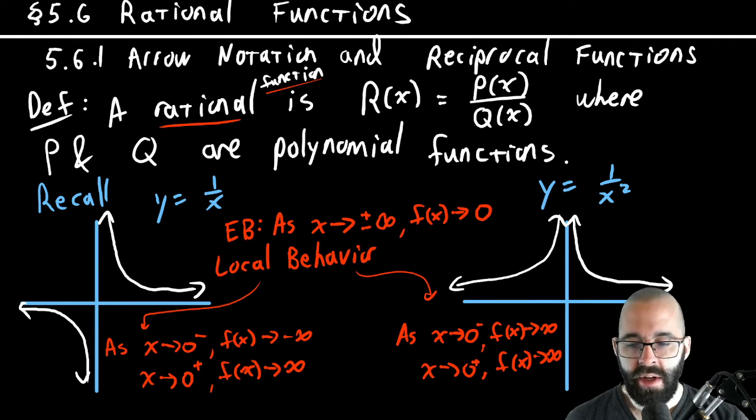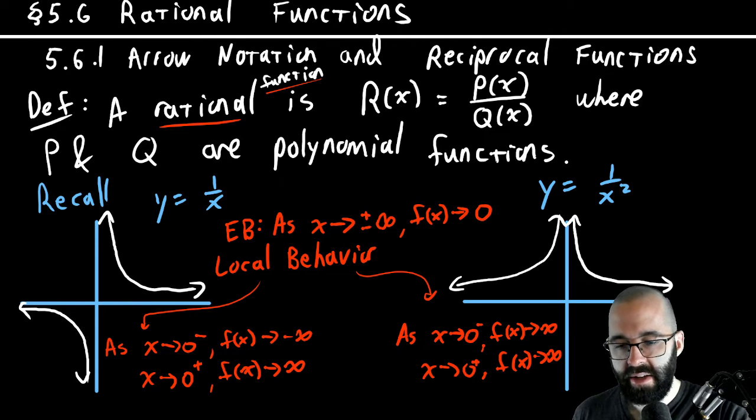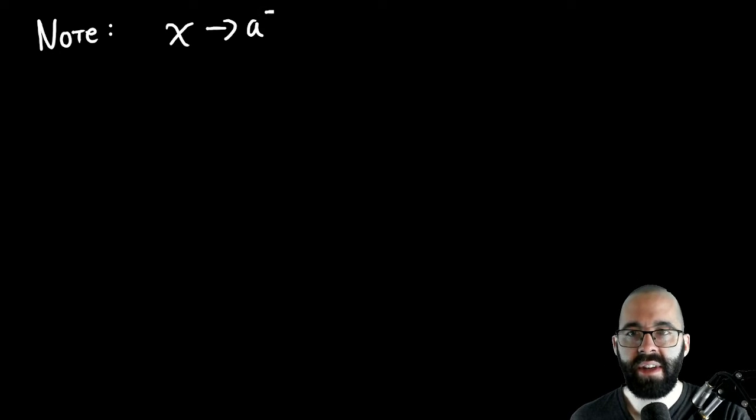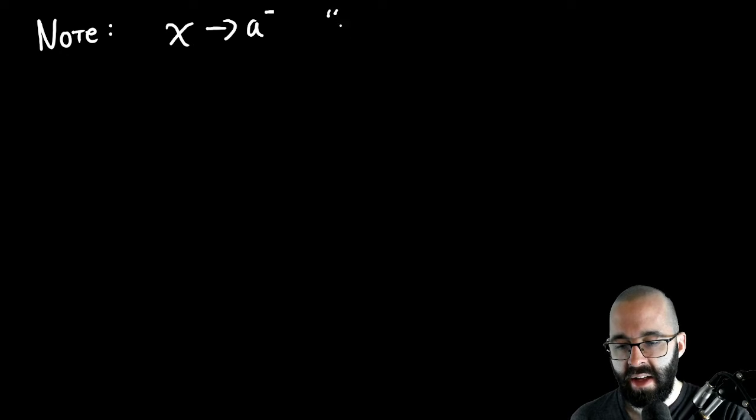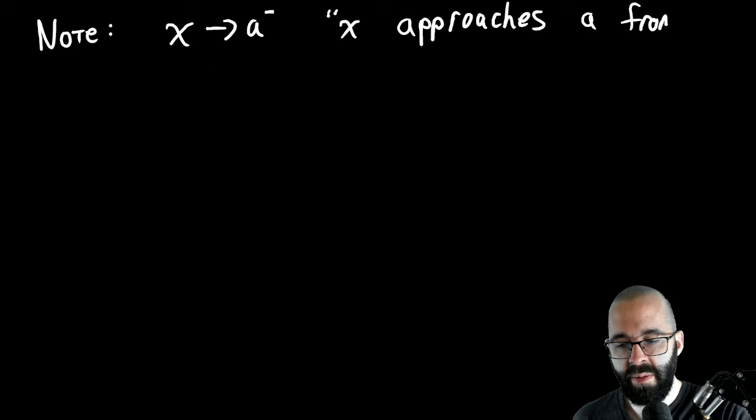All right. So let's clarify this a little bit and more formally introduce this notation. If x approaches a with a negative sign up there in the superscript, that means x approaches a from the left.